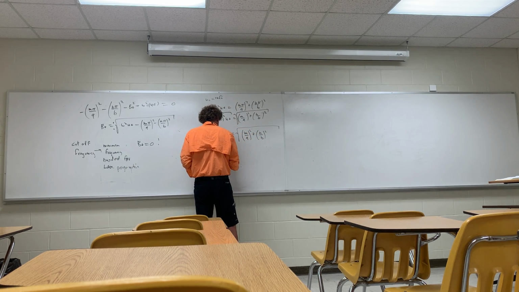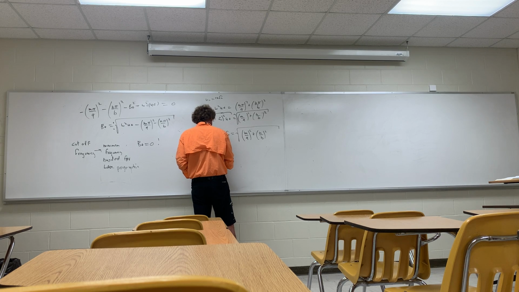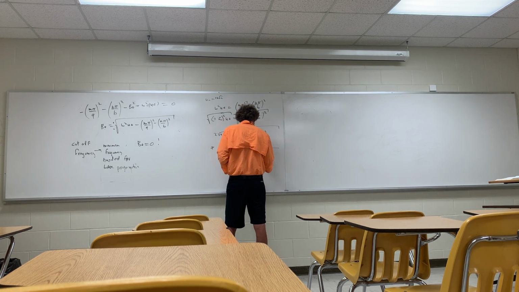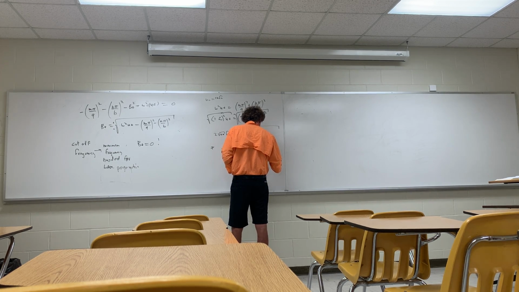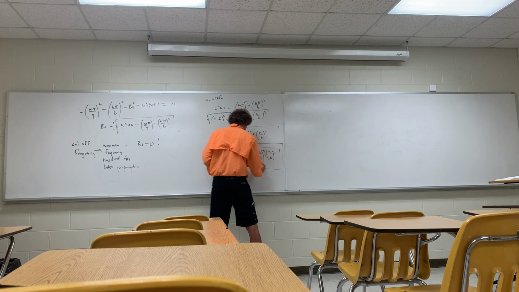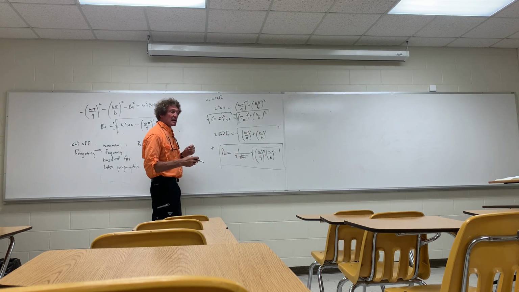Or I can put it, and this is the one you put down, the cutoff frequency is equal to 1 over 2 square root of mu epsilon times the square root of (m over a) squared plus (n over b) squared. And this is the cutoff frequency for a rectangular waveguide.